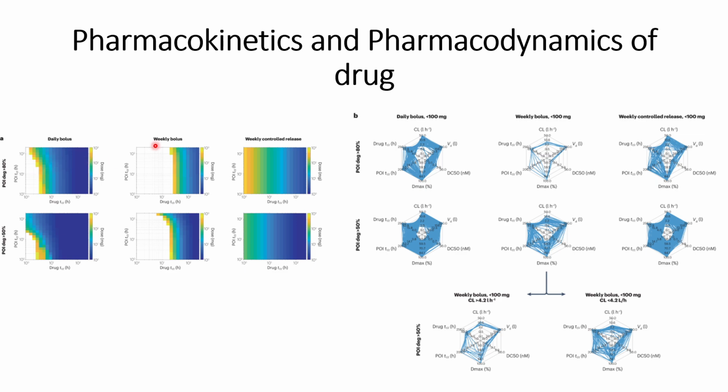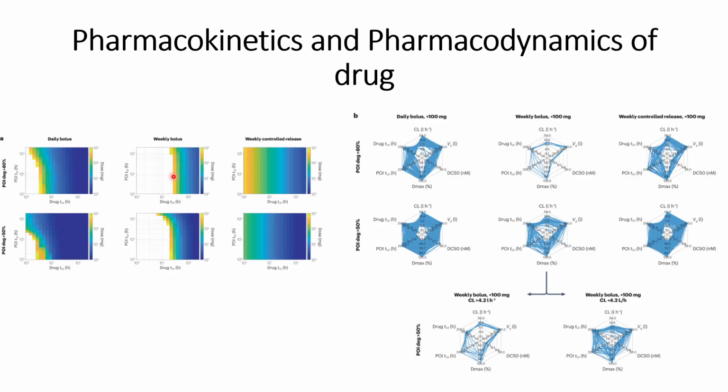Similarly, if we use weekly dosage, the value changes significantly, because here a smaller amount of the dose will be circulated within the patient, so a high clearance value should be there. The weekly bolus is usually used when the drugs have a very high clearance value.